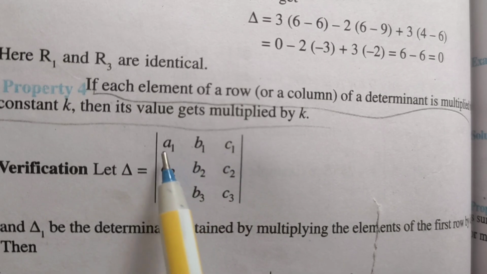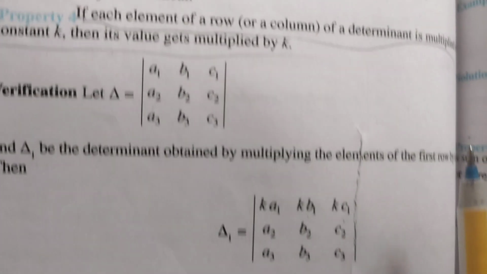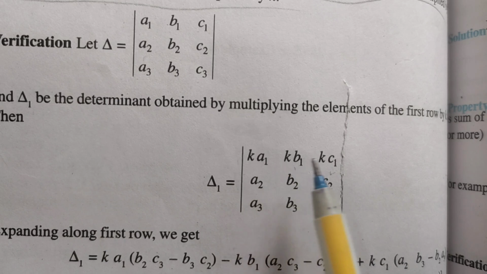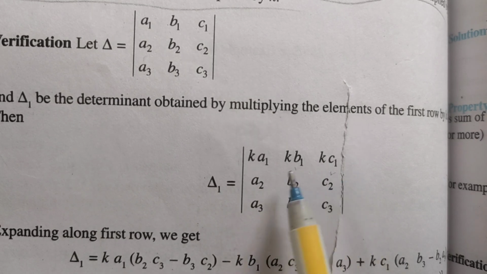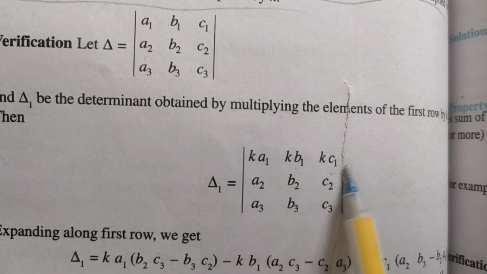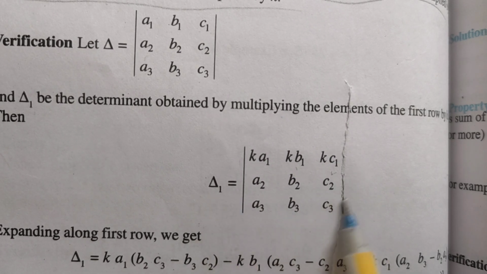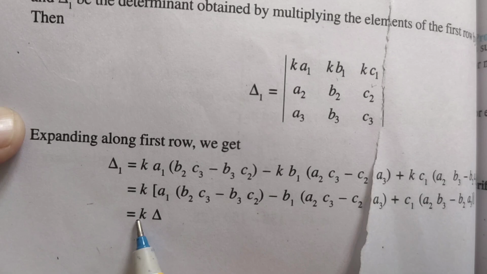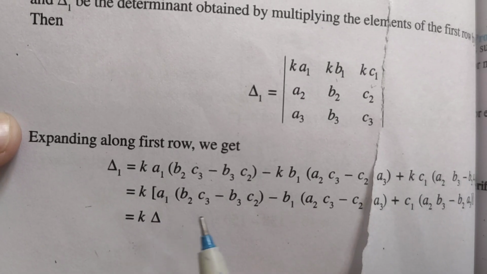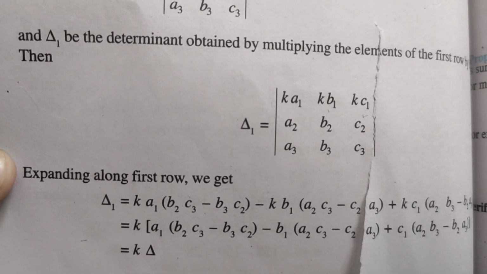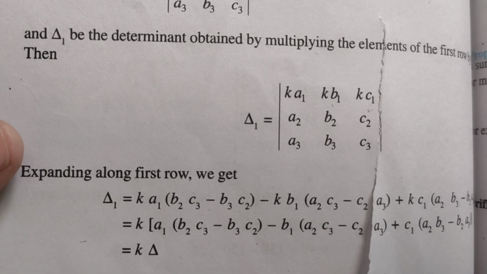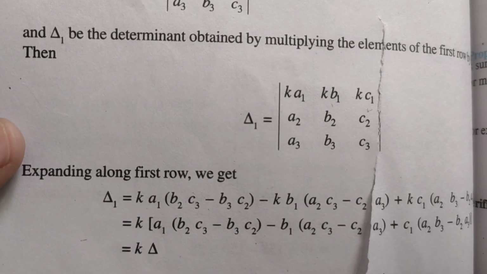Suppose I am multiplying here with the constant k: KA1, KB1, KC1. A row is multiplied by a constant k. Then the value of this determinant will be k into the determinant A1, B1, C1, A2, B2, C2, A3, B3, C3. This is what they are saying.